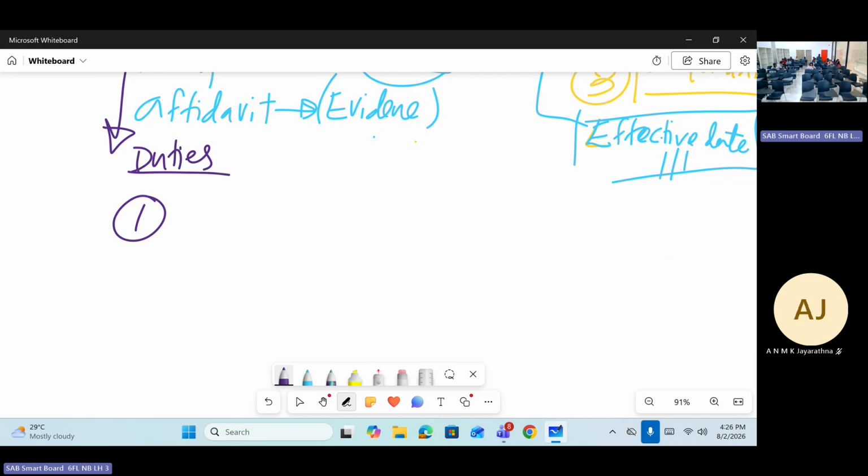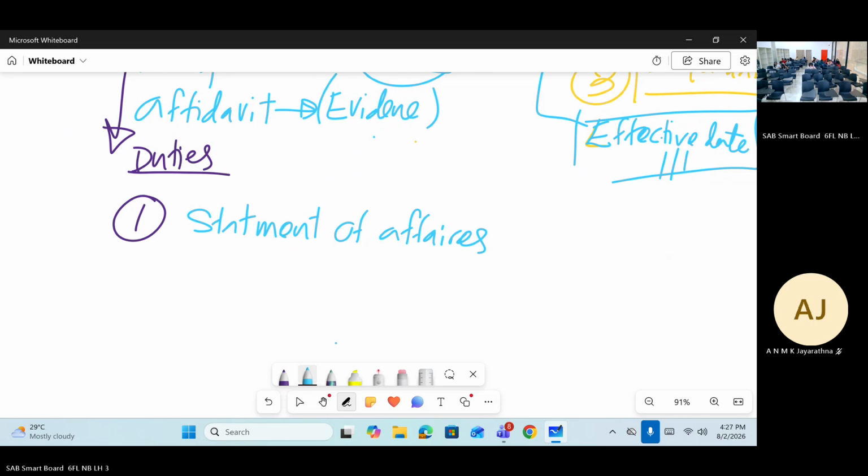The first one is he must obtain a statement, which is named the statement of affairs.